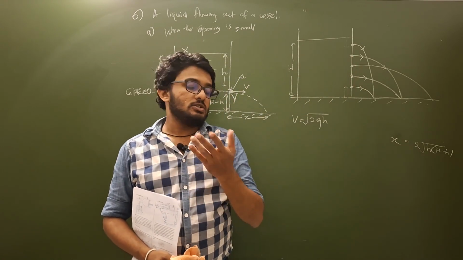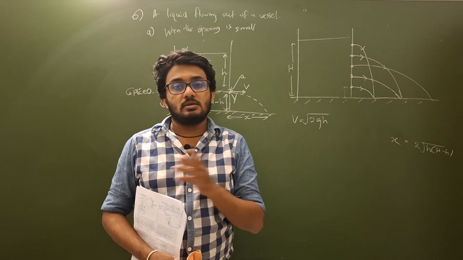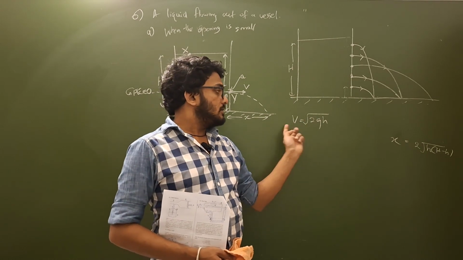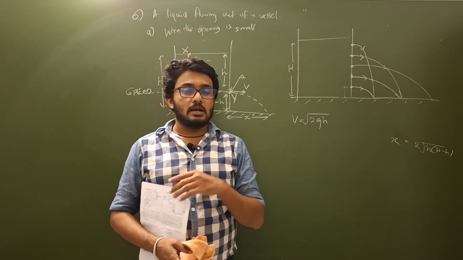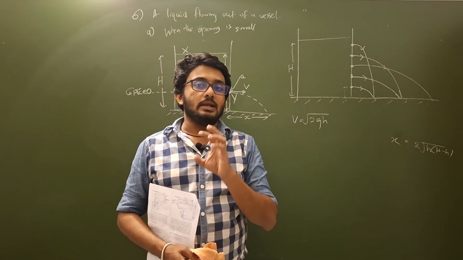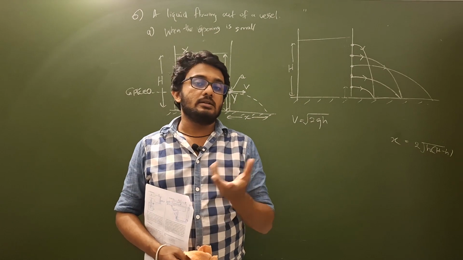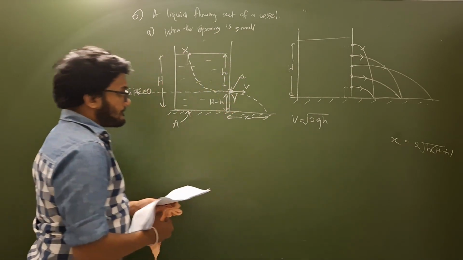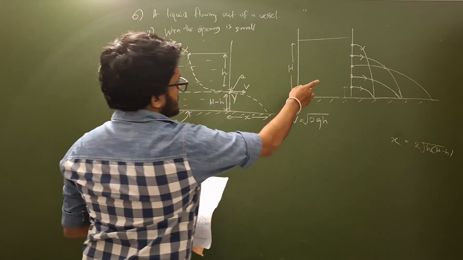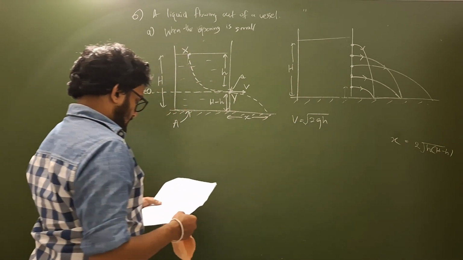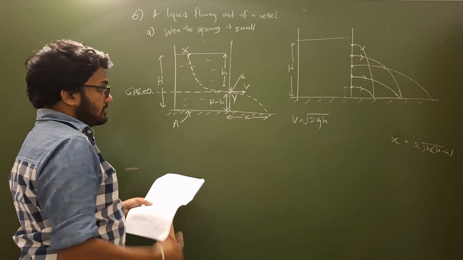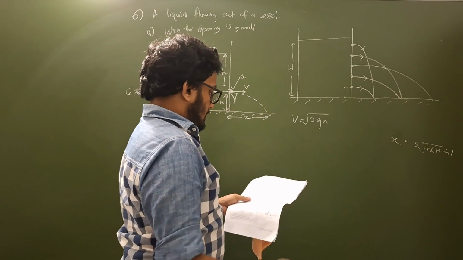So the time is comparatively high, and the velocity is also comparatively high. So it will get the maximum range. You can draw this diagram after all those paragraphs on the 7th page.